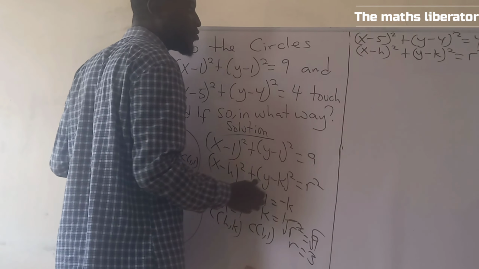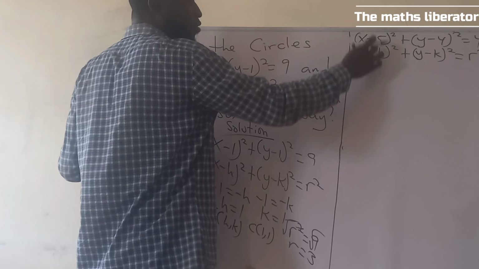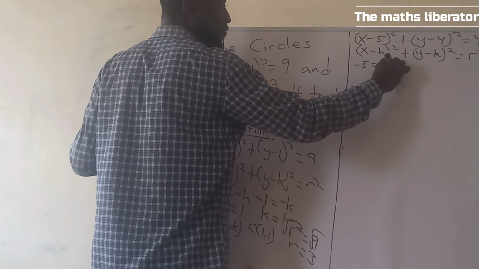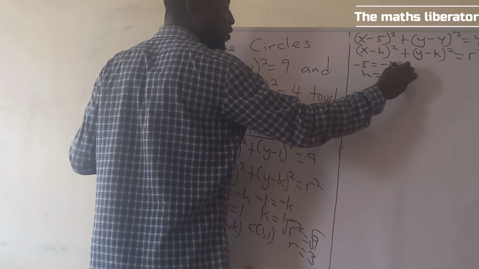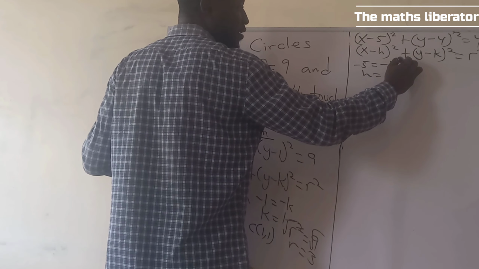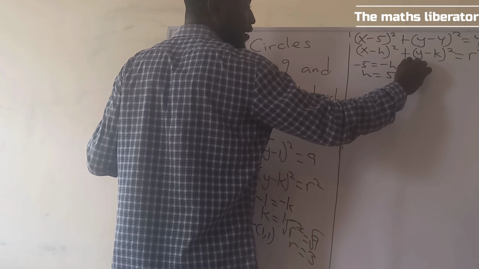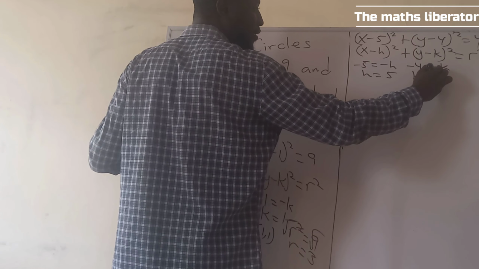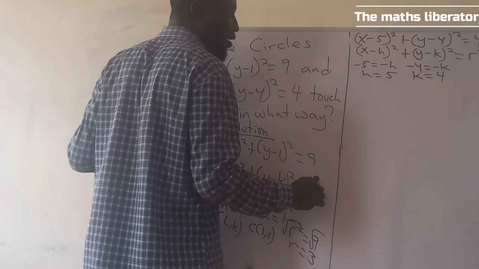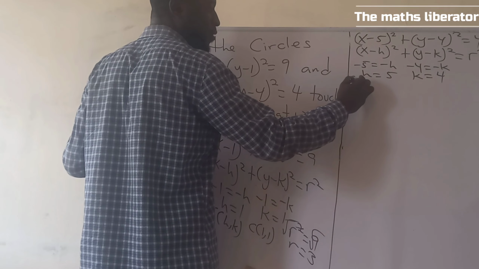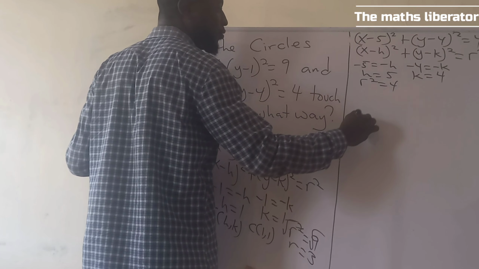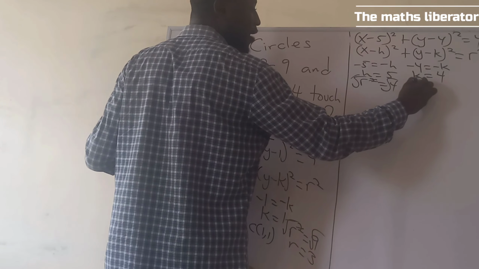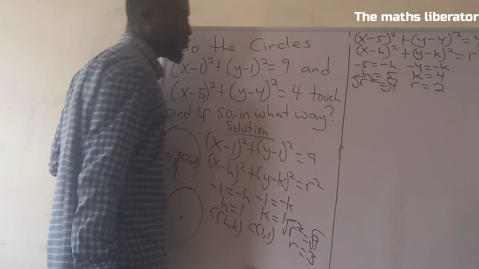Now we compare. Negative 5 equals negative h, so h becomes positive 5. And negative 4 equals negative k, so k becomes 4. Now the radius: r squared equals 4, so you square root both sides, and r becomes positive 2.